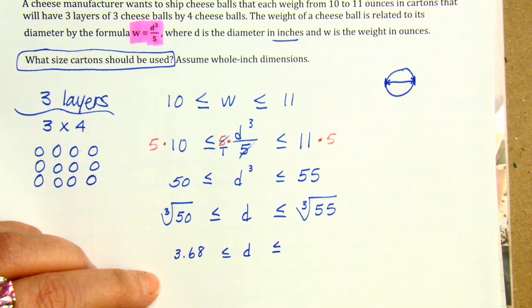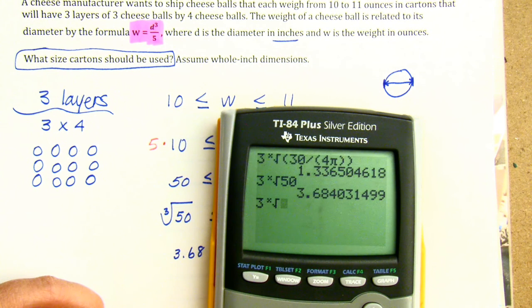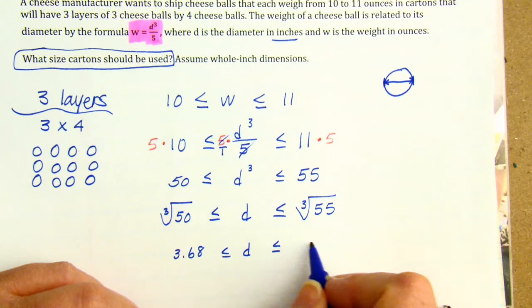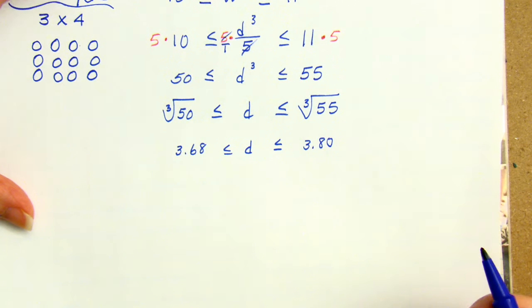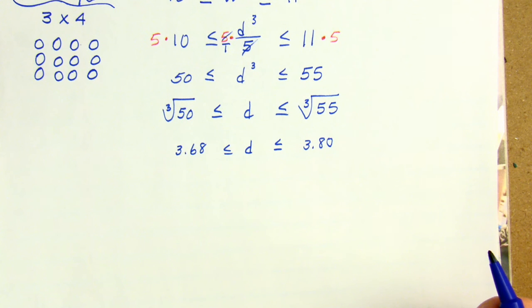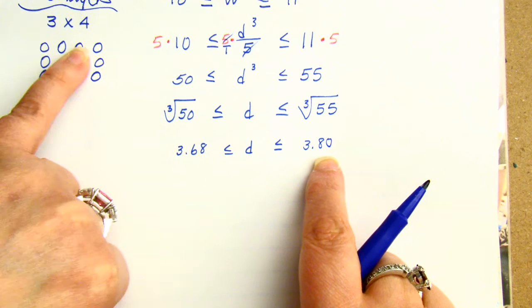Cube root of 55. About 3.80. All right, well, it's somewhere in between here for each one of these.